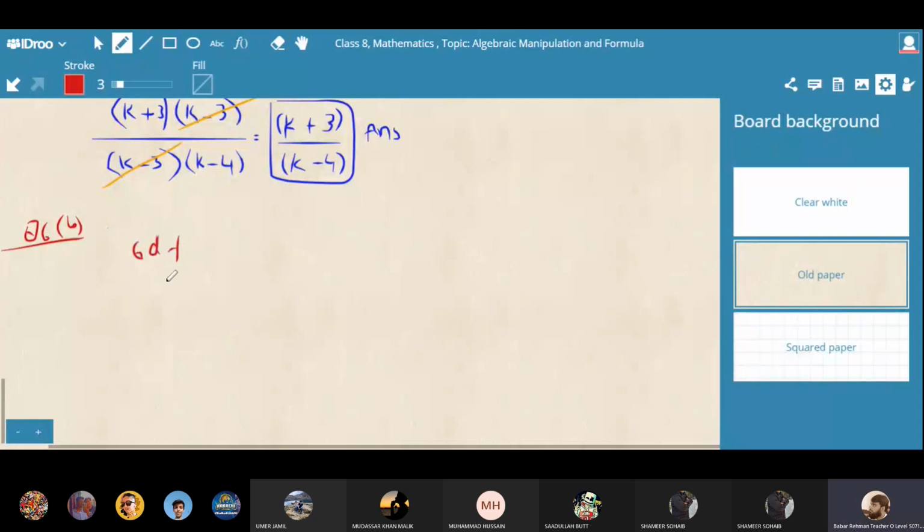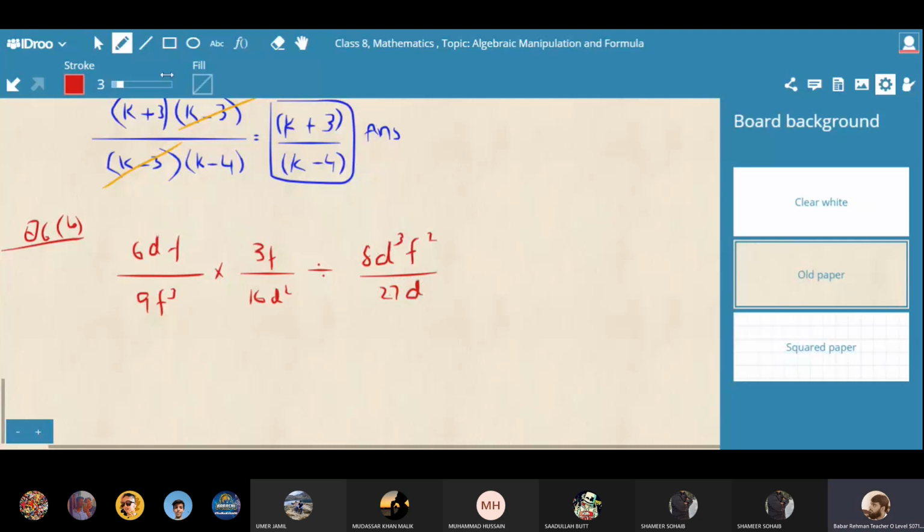6df upon 9f cube, multiplied by 3f upon 16d square, divided by 8d cube upon 8, divided by 27d.